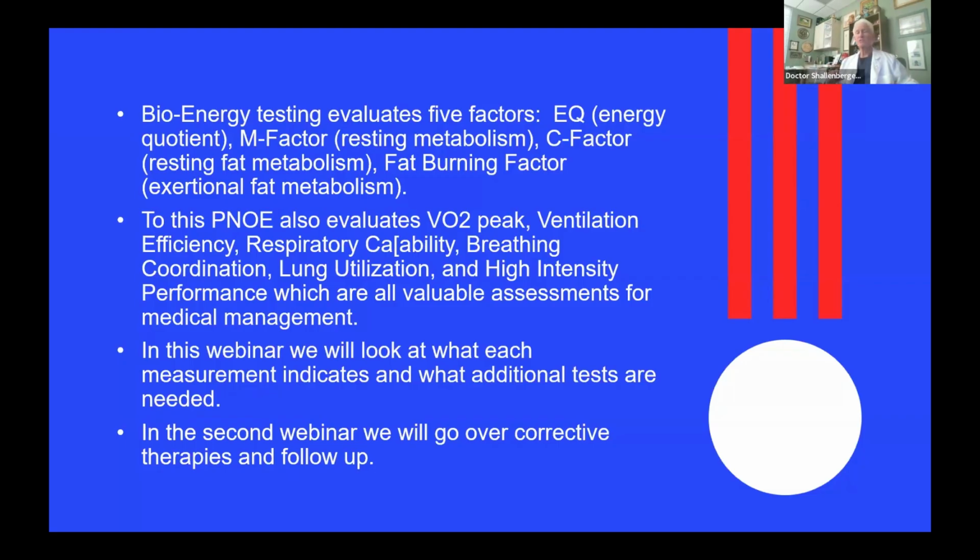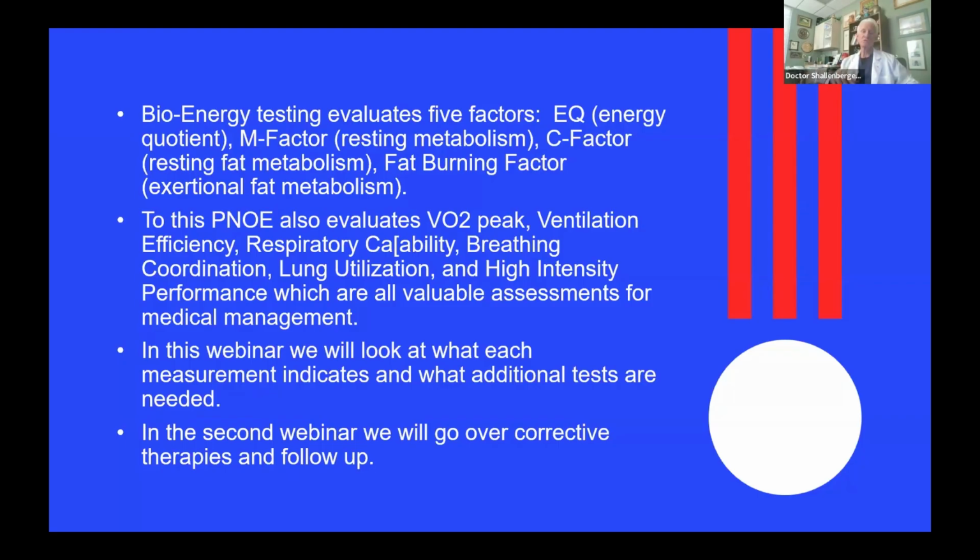A fat burning factor is going to tell me how efficiently you burn fat when you're in an exercising state. So basically, we can tell you, okay, when you exercise at this heart rate, you are burning fat maximally. Now, for some of our patients, that's going to be very important. We want them to burn fat maximally.